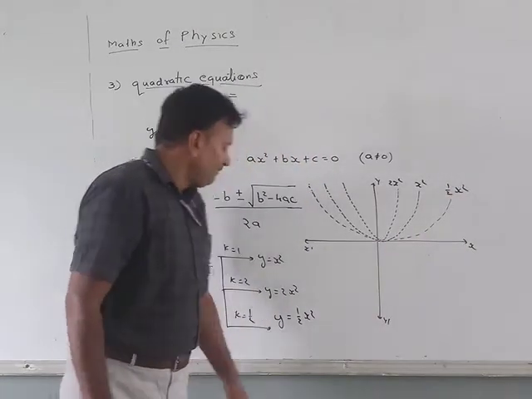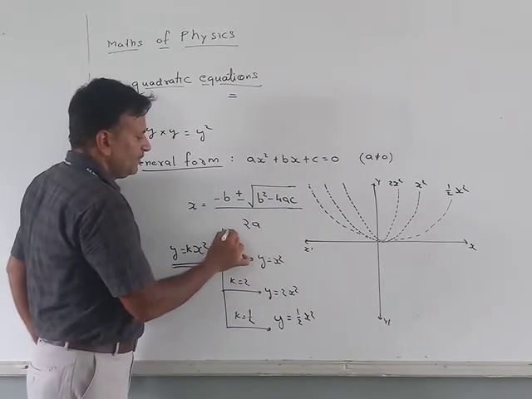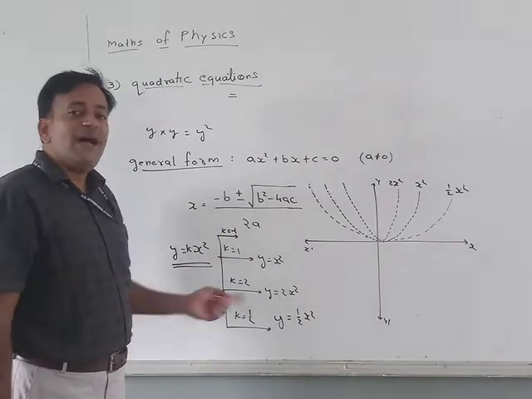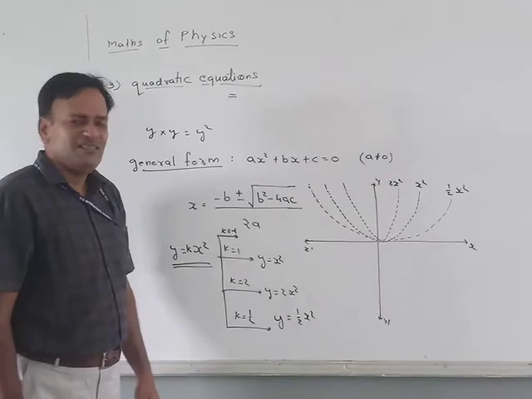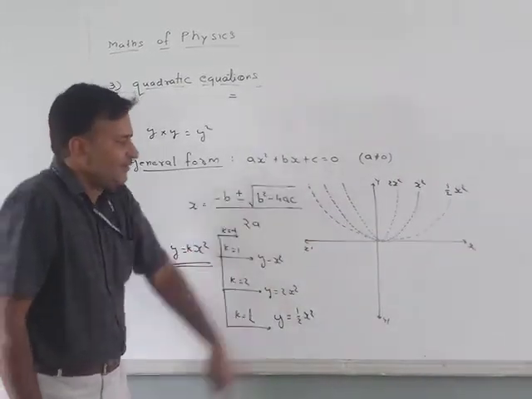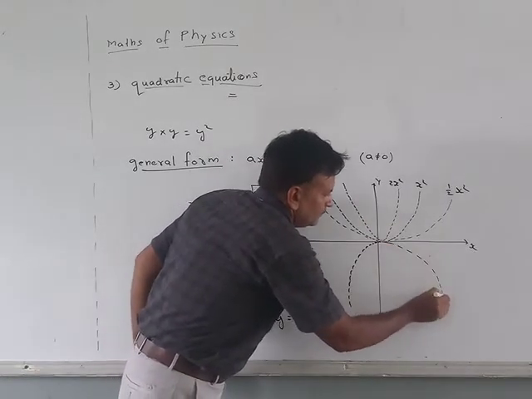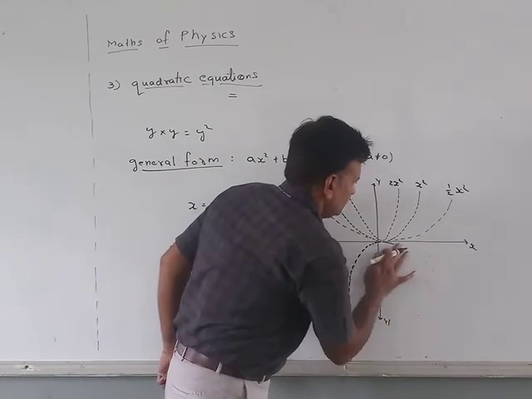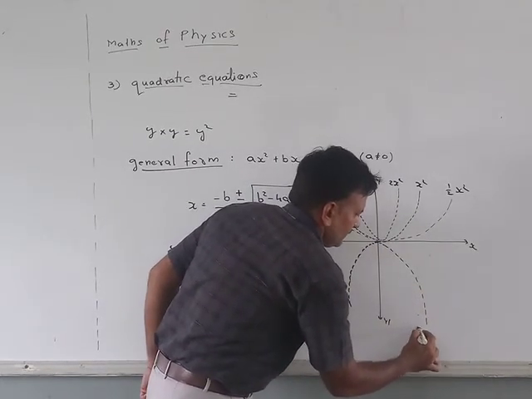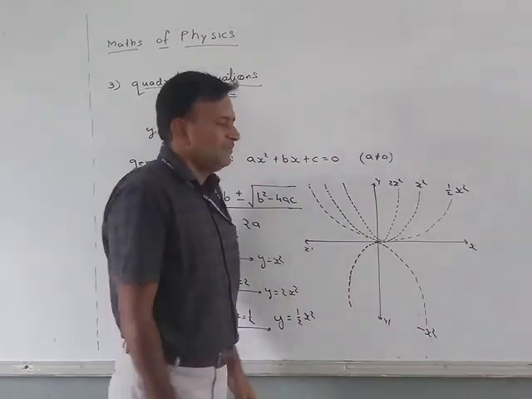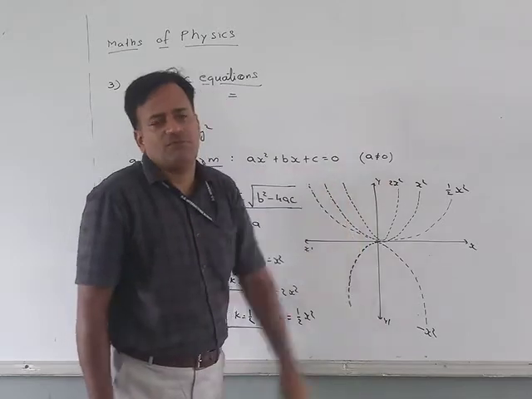One more possibility, if I put k equal to minus 1, does the graph change? The graph becomes this: same as the graph of x square, but turned around.